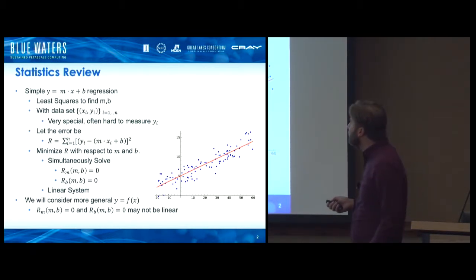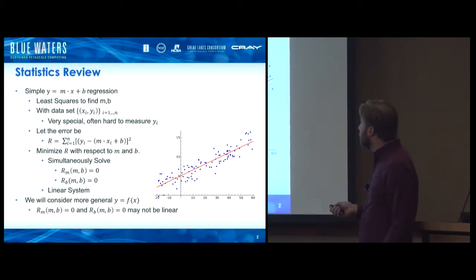This R here is this big long sum over all the training data points. I bring this up because this sum is what we're going to take advantage of later. Most error functions, all error functions, will be some linear combination of something, and if it's not, you can usually take a log and make it that way.